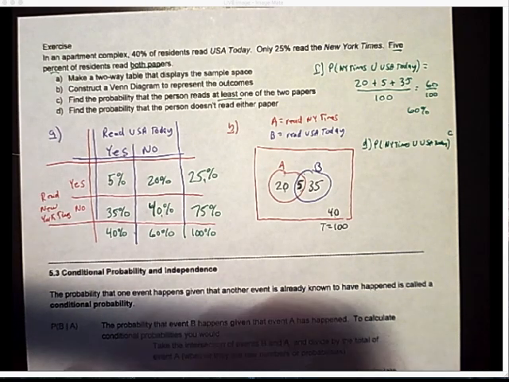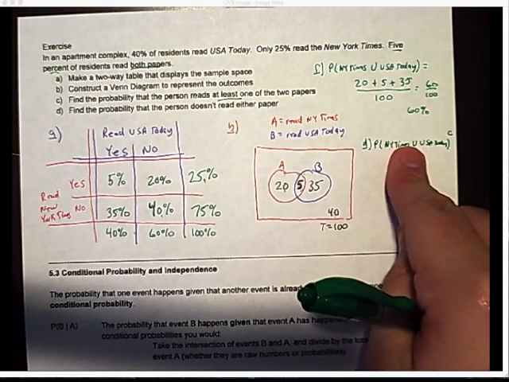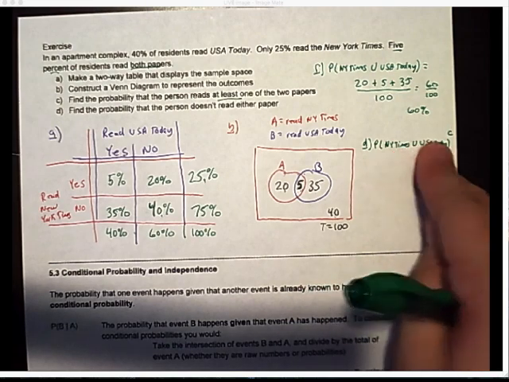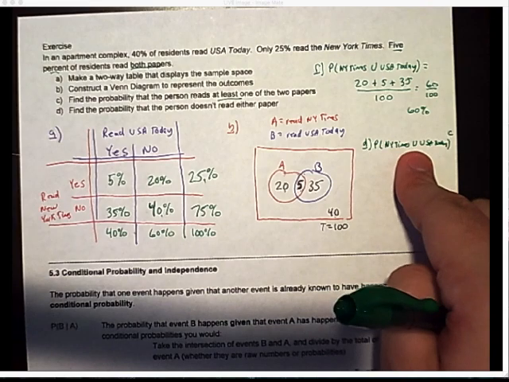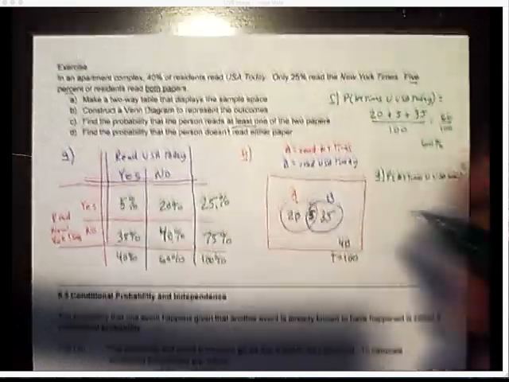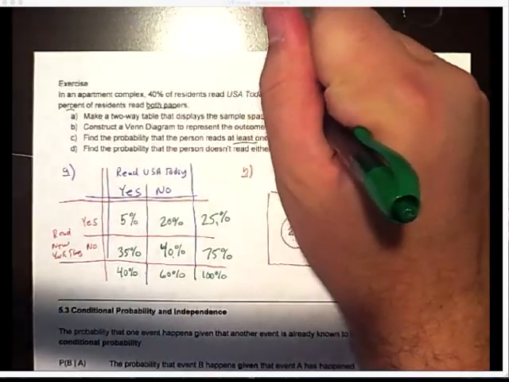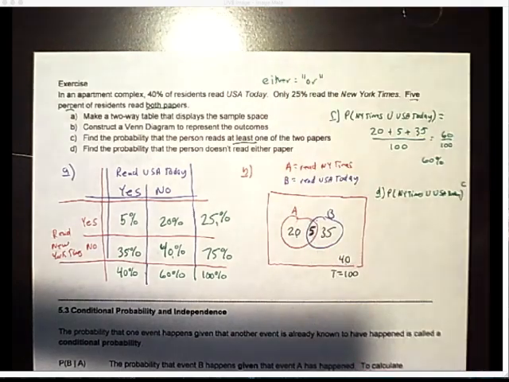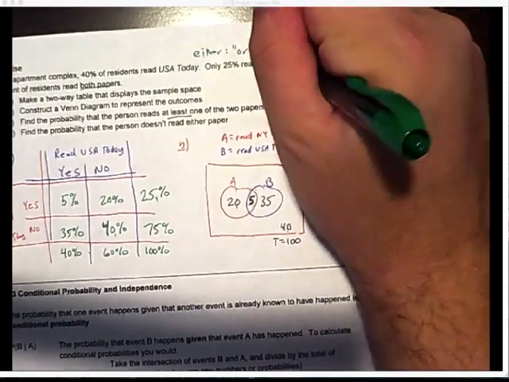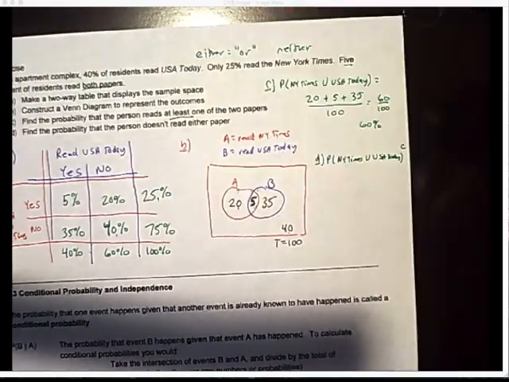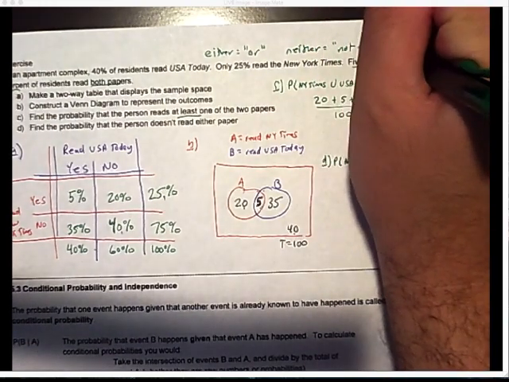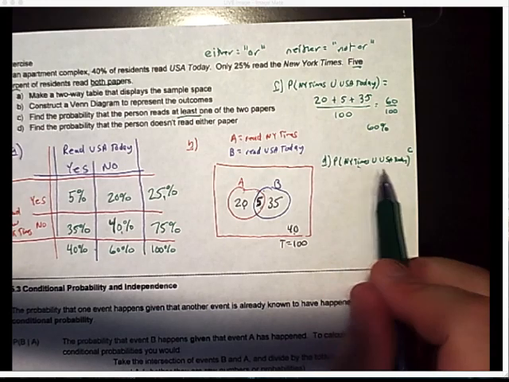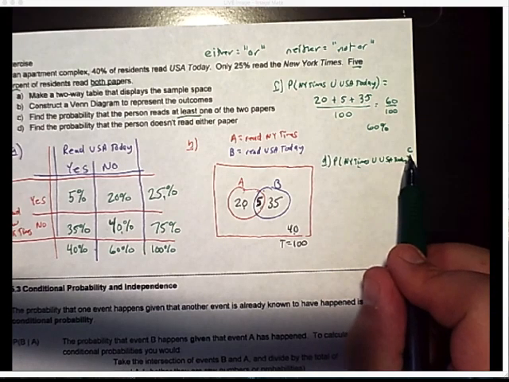Because if they don't do either one, all right, either means or, neither means not or. So you do an or statement, but you make it a not, you make it a complement.